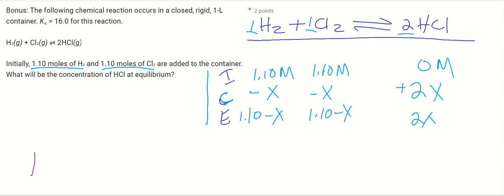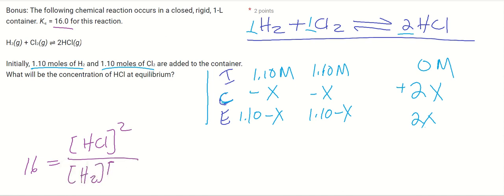Kc, by the way, is given to us as 16. So 16 is equal to the concentration of hydrogen chloride gas, HCl, squared, over the concentration of H2 times the concentration of Cl2.